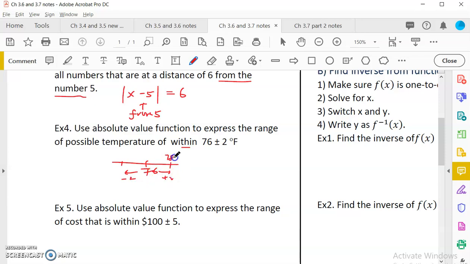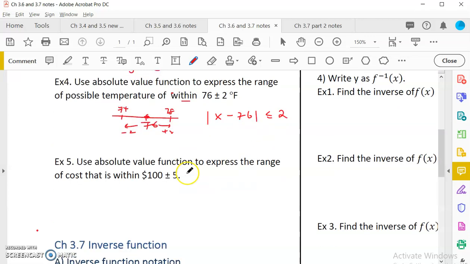So it's 78 to 74. Of course I can say 74 to 78, but I want to use the absolute value, so I would say the absolute value of x minus 76. This is the distance from 76, and it is less than or equal to 2. Within means it could be equal to 2 or less than 2.